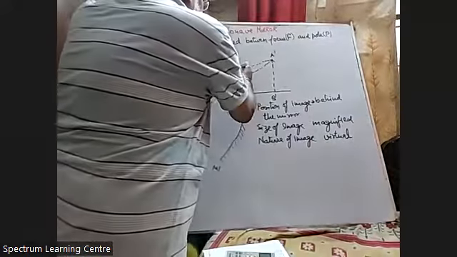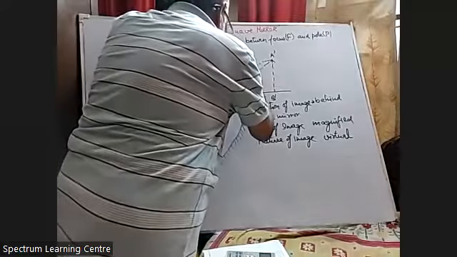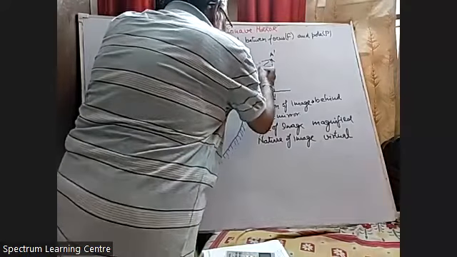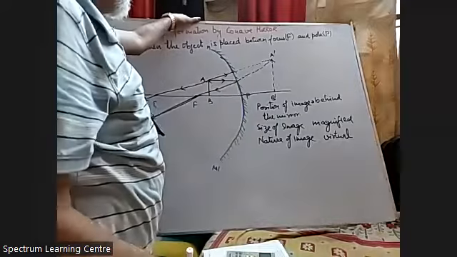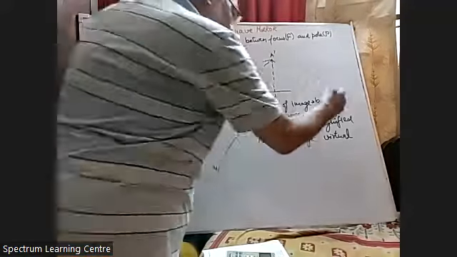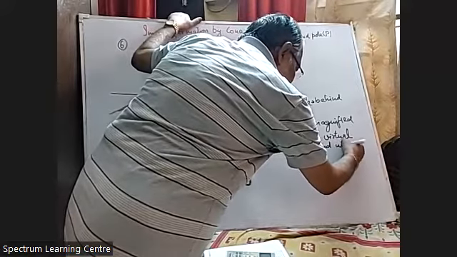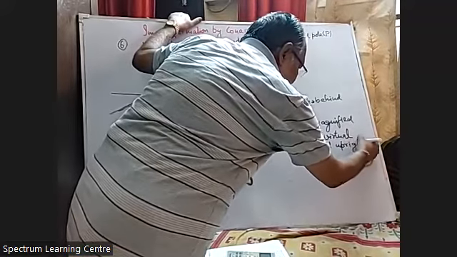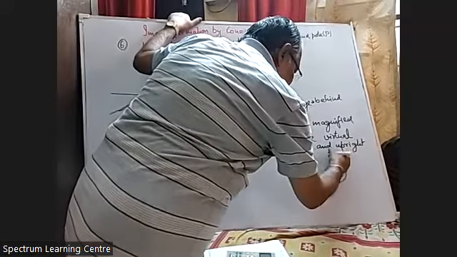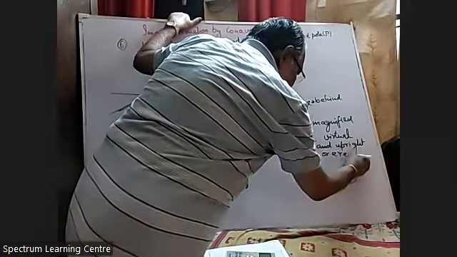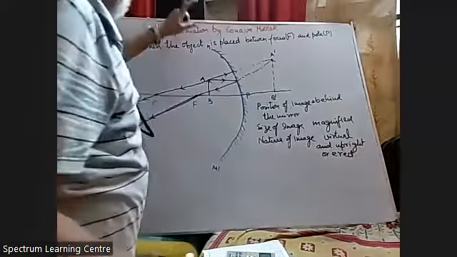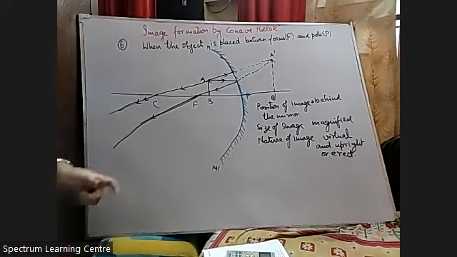Can the ray go behind the mirror? No, sir, not possible. It appears that it is meeting here. So it is virtual, and you can write upright or erect. So this brings an end to the image formation by concave mirror.